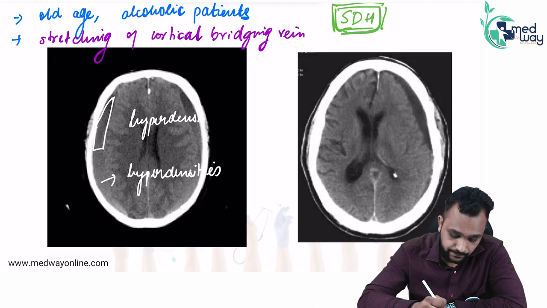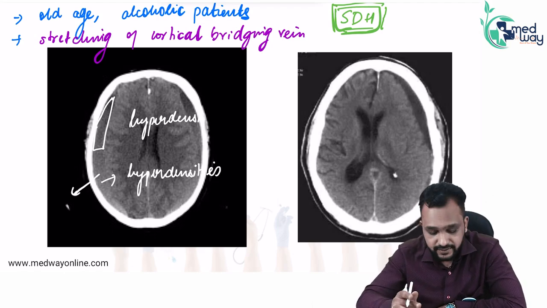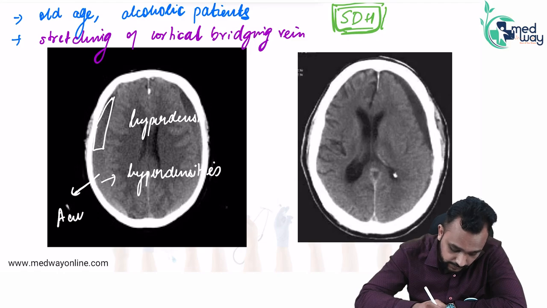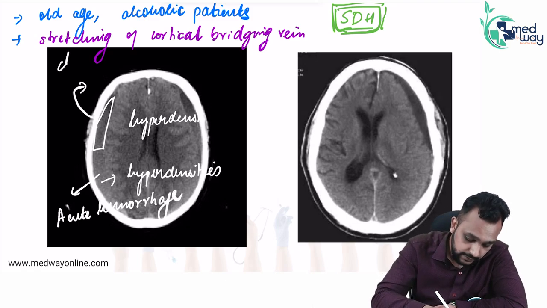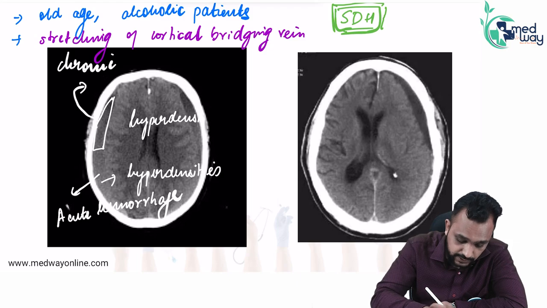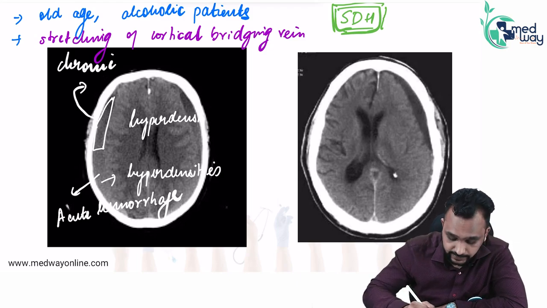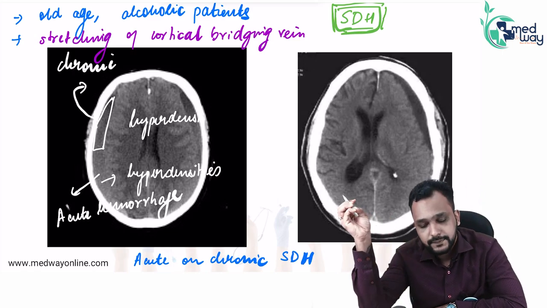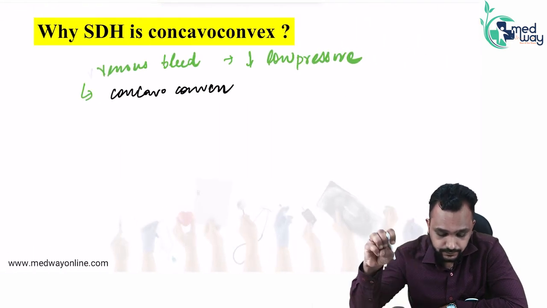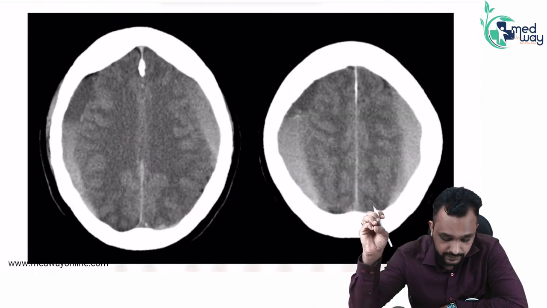This is because any hyperdense area is an acute hemorrhage, whereas any hypodense area is a chronic bleed. Okay, so if I have to make a diagnosis for this image, it is an acute on chronic subdural hemorrhage, right? Acute on chronic subdural hemorrhage.